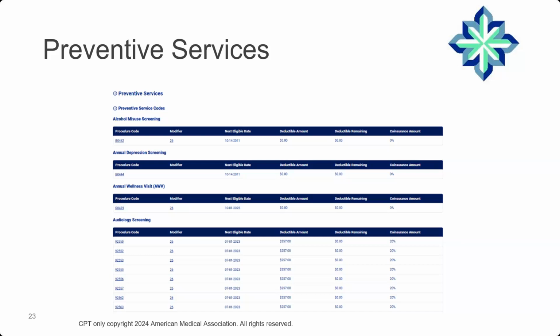I did find in the CMS HETS companion guide that it stated that if no prior service history is on file, then no Part B financial information or prior service history will be returned.